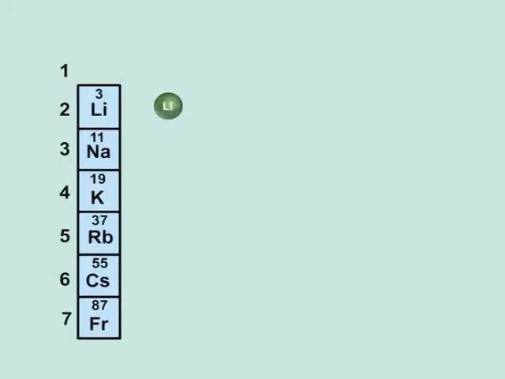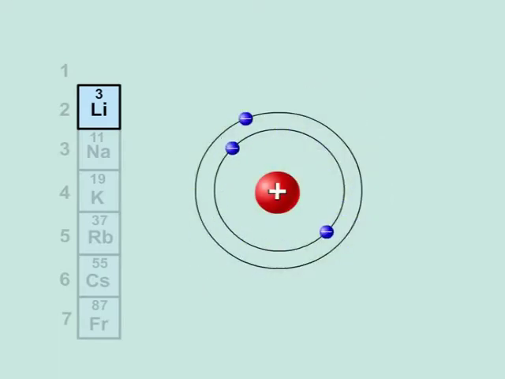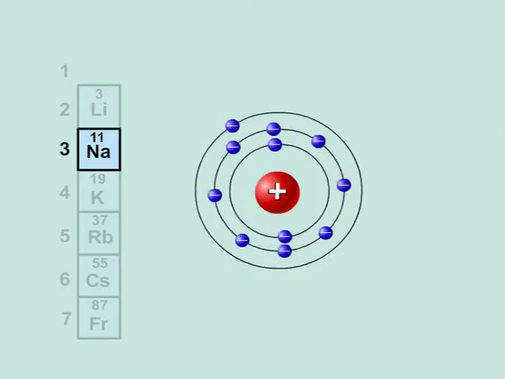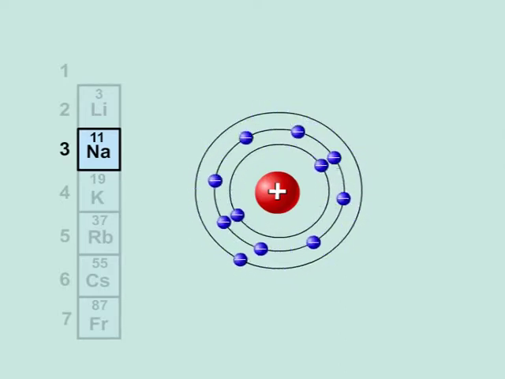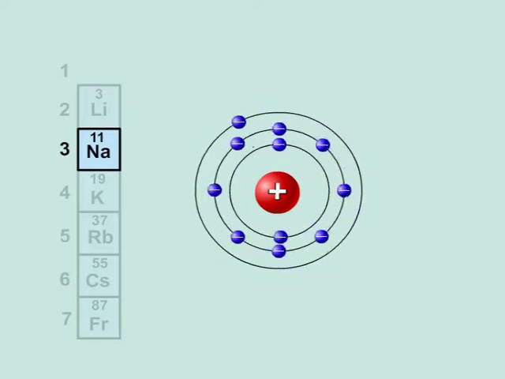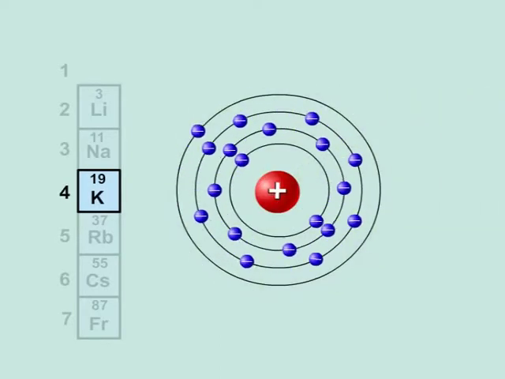From lithium to francium down the group, the number of energy shells increases by 1 with each succeeding element. Screening effect of the inner filled shell on the valence electrons increases. Electron cloud tends to expand, but nuclear charge also goes up from lithium to francium. This tends to decrease the atomic radii by attracting the electrons.